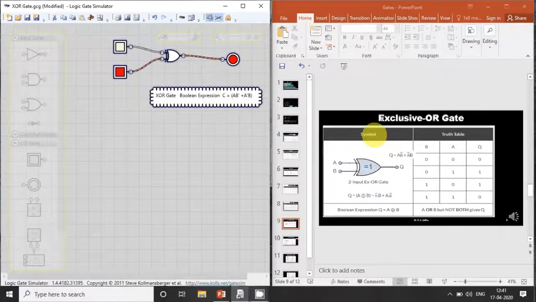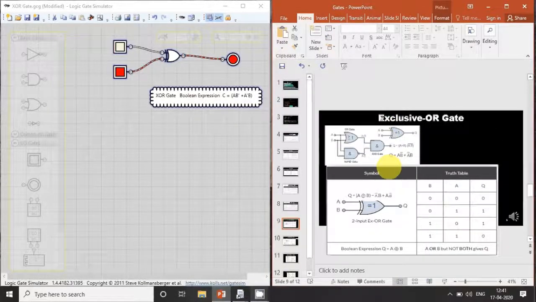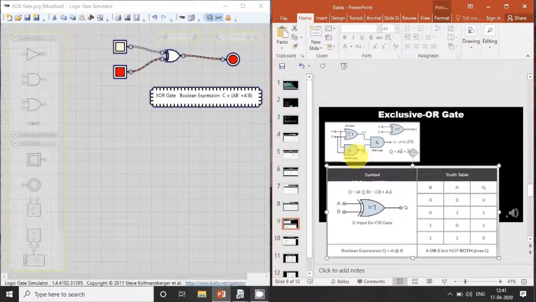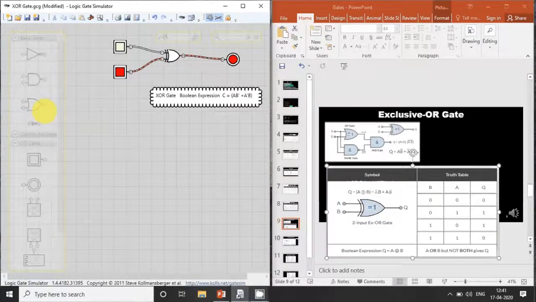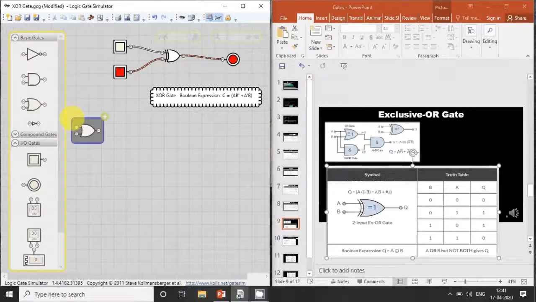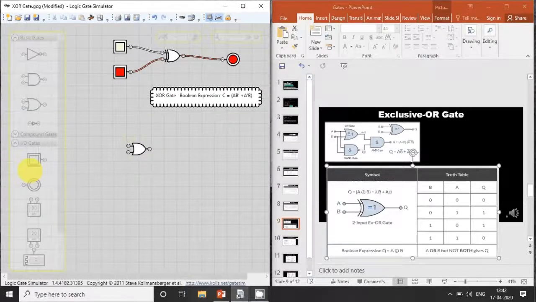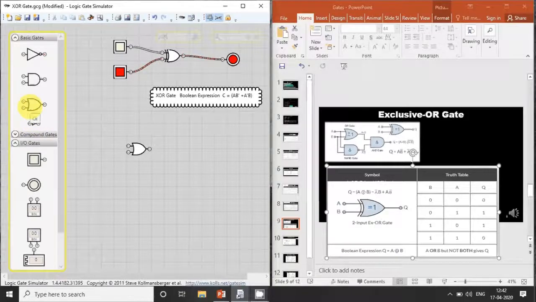Now we can simulate this gate with a particular realization. First we start with the XOR gate. This is our basic gate, compound gates.